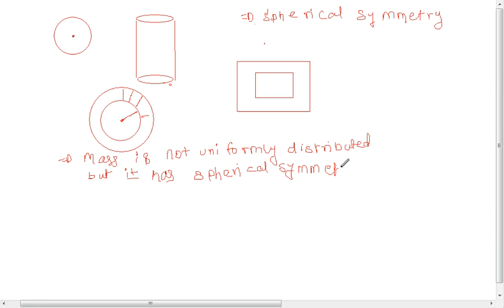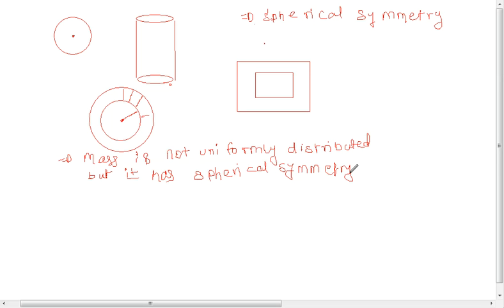Similarly, by arguments of geometry and symmetry, we can calculate the center of mass of a material which has cylindrical symmetry. Again, symmetry does not mean uniform distribution of mass. The mass distribution should be cylindrical in manner.